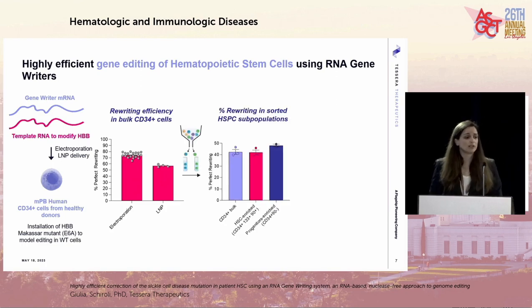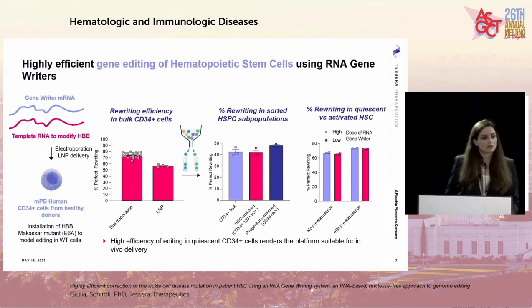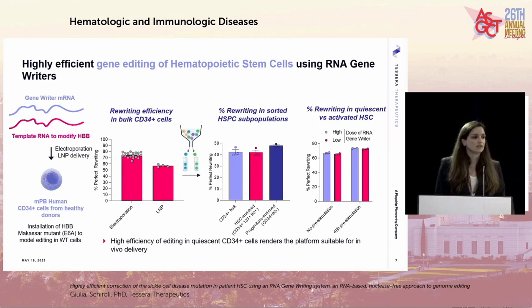We then went on and demonstrated that our editing occurs at very high fractions and at the very same efficiency in HSC-enriched and progenitor-enriched populations, by utilizing classical surface markers to discriminate those populations. We also took a step further and demonstrated that for our editing process to occur, cells don't need to be actively cycling.